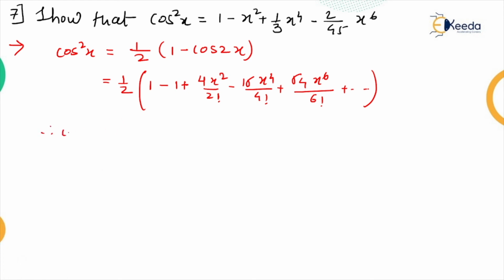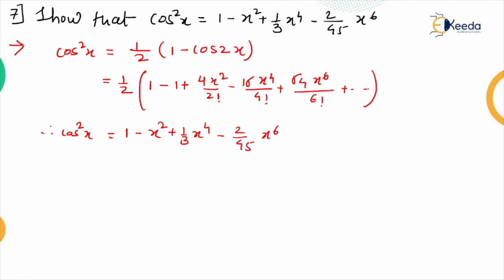So therefore cos square of x is equal to 1 minus x square plus 1 by 3 x raised to 4 minus 2 upon 45 x raised to 6.